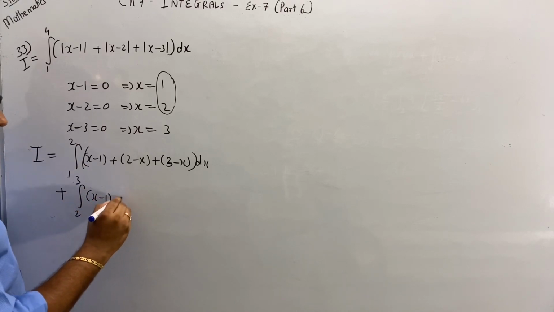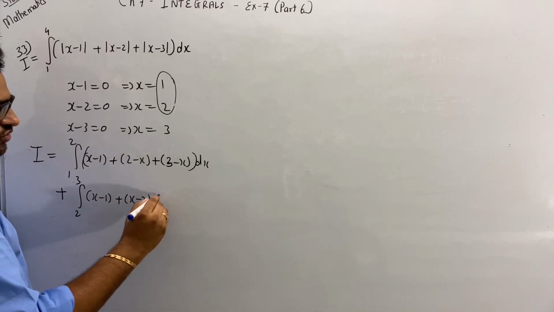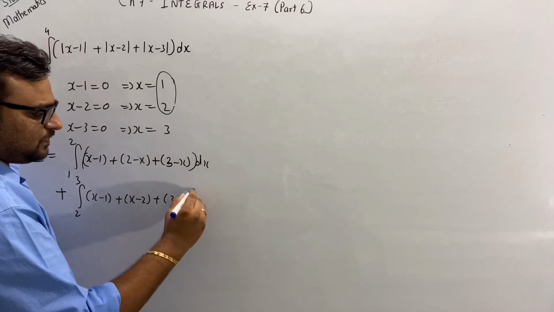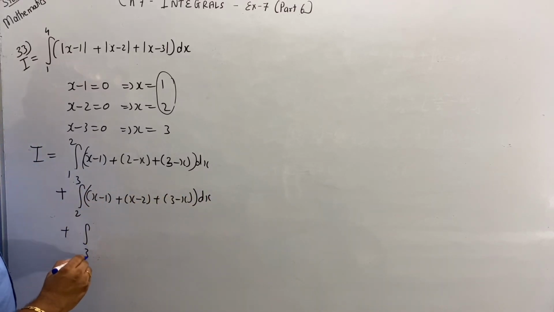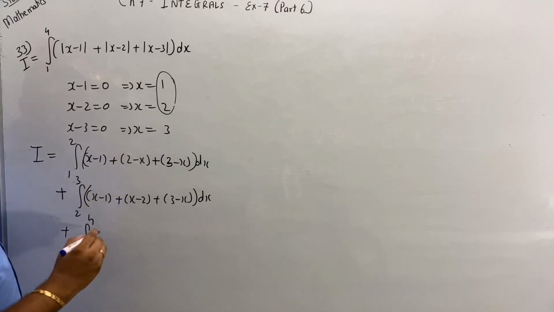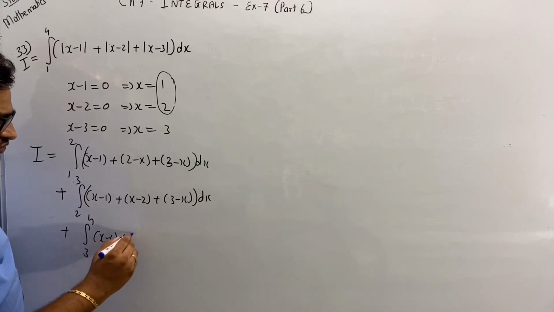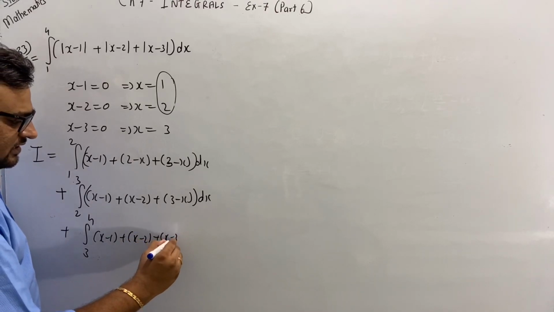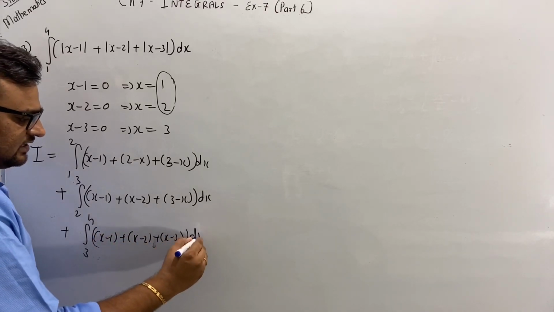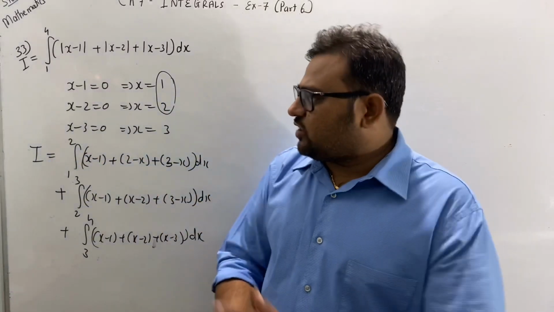So x minus 1 plus x minus 2. The last is negative, 3 minus x dx. And the last, 3 to 4, all three are positive. x minus 1 plus x minus 2 plus x minus 3 dx. So now what you have to do?